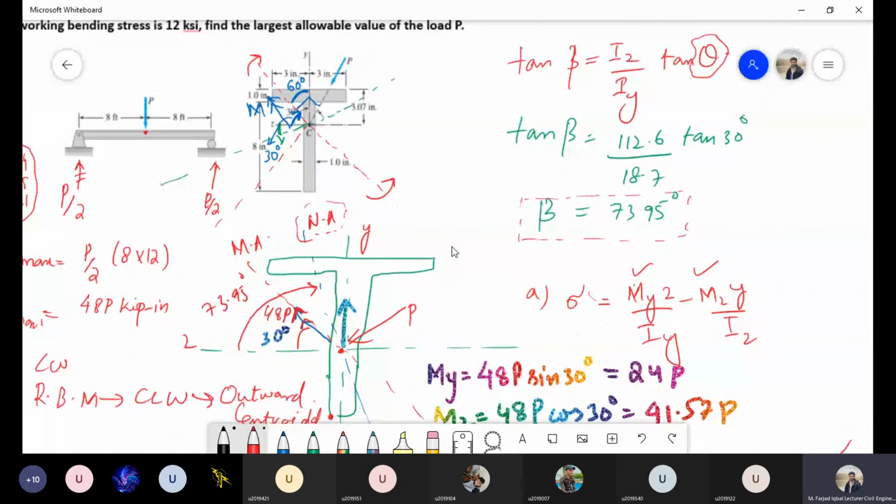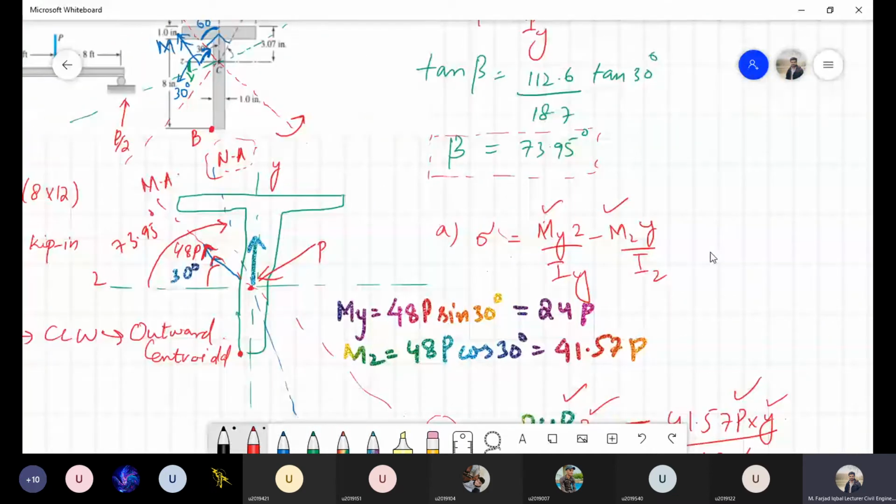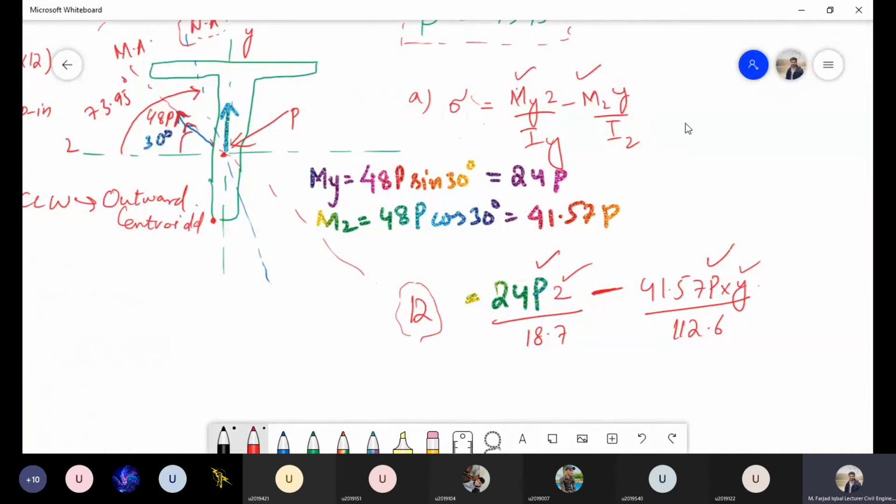Over here, I know all the distances, and if I can figure out the maximum value of y and substitute in this equation, so इसका मतलब क्या हुआ कि there is a point B on this cross section जहाँ पे ये stress 12 ksi find की गई है because it is the maximum stress. So let's substitute the values of z and y into this equation.